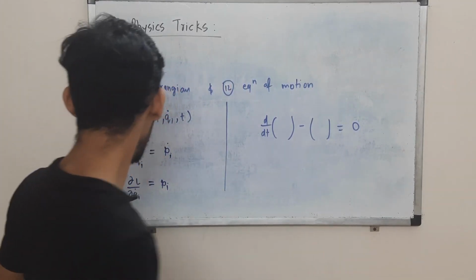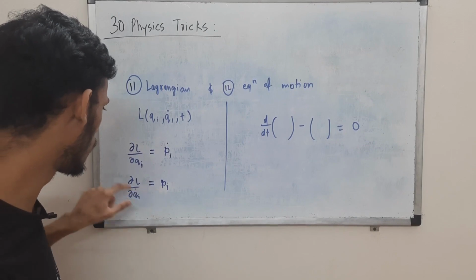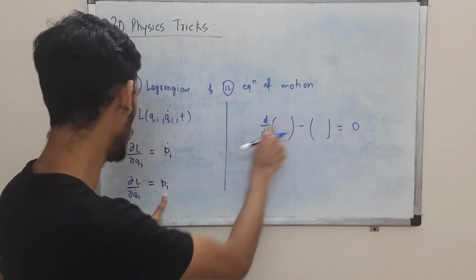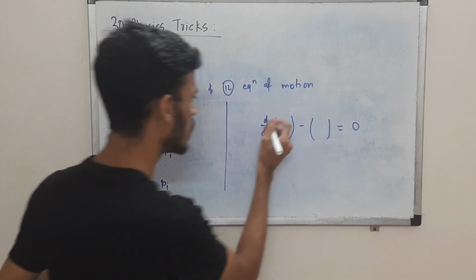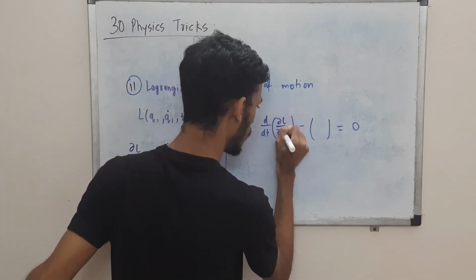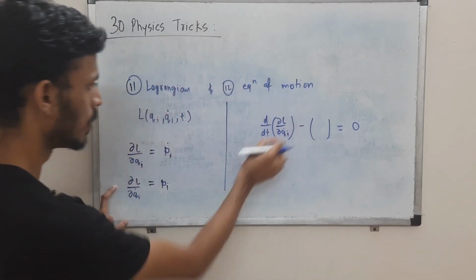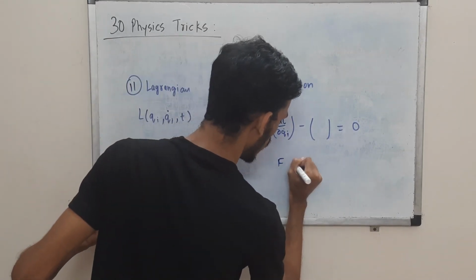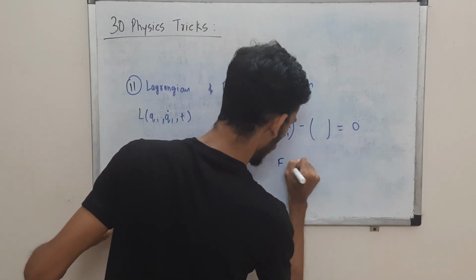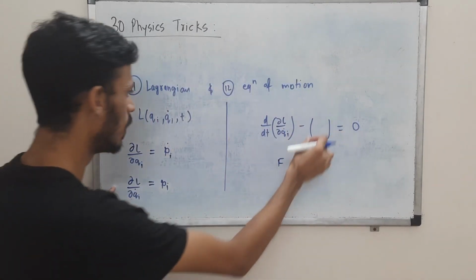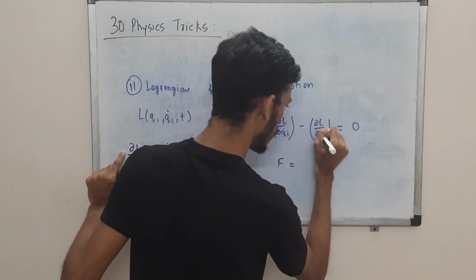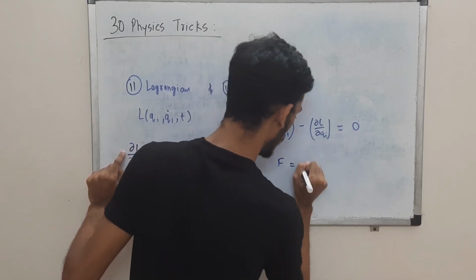So if we put this over here, what is this? Dou L by dou Qi dot. So rate of change of momentum, right? Rate of change of pi. So we can put this over here, dou L by dou Qi dot. So this is rate of change of momentum, which is nothing but force, right? This is force, and this minus I can take on the other side. So I'm writing equal to, and what is the other term that is remaining? Dou L by dou Qi, so this is nothing but pi dot.